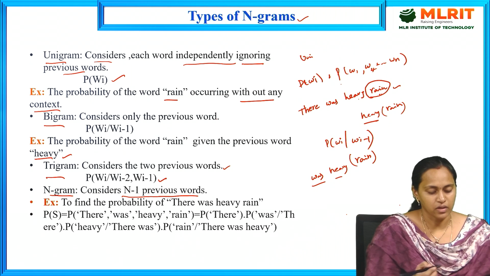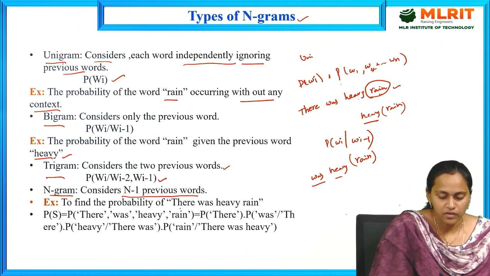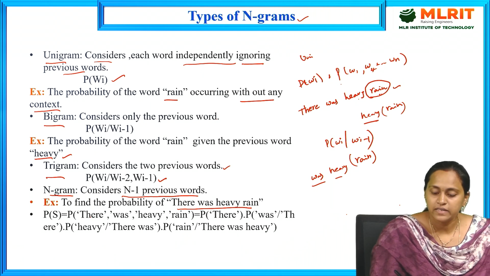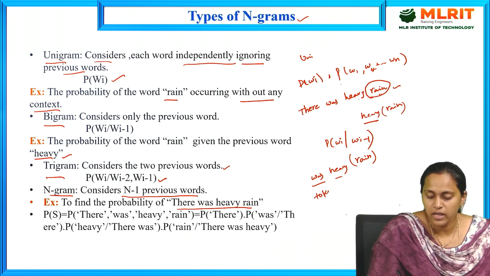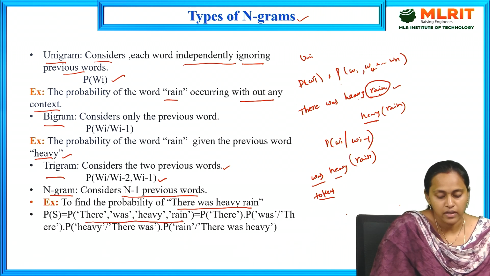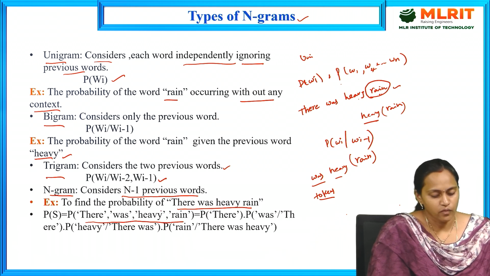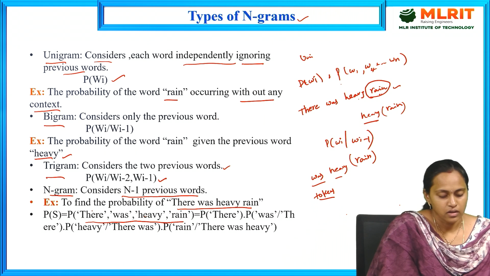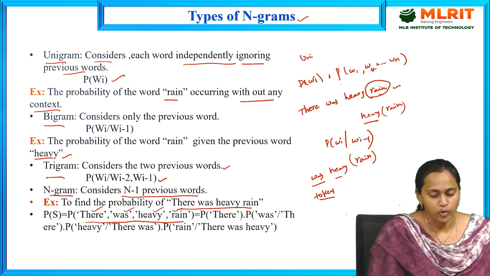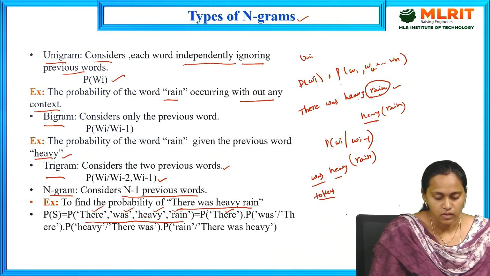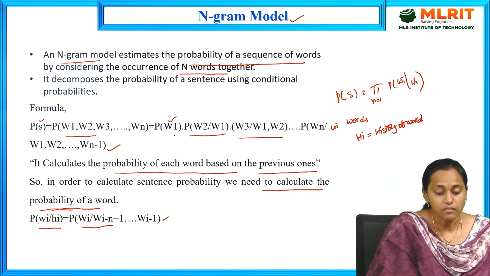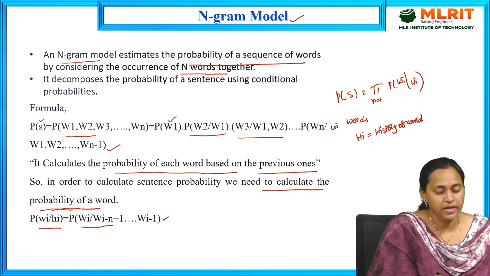Take the example to find the probability of the sentence there was heavy rain. First divide the sentence into tokens. This is called tokenization. In this sentence there are four words: there, was, heavy, rain. Probability of S equals probability of W1 into W2 given W1.